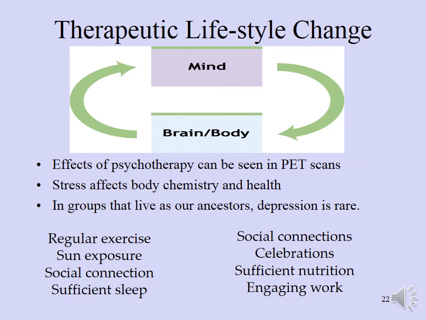And so they started looking at their lifestyles to try to figure out what elements of their lifestyle might be protecting them from psychological disorders like depression. And here's some things that seem to be coming out of that. These people get regular exercise as part of their lifestyle. Also, they get a certain amount of sun exposure, and they have very deep social connections.